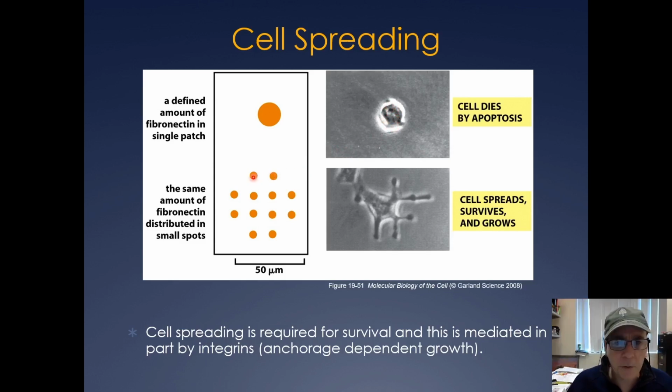So if you put little patches all over the place and then put a cell on it, the integrins can find that fibronectin and actually use it and stretch, and that's what's called anchorage dependent growth. And if you've ever grown tissue culture cells, you'll often see them roll up and ball up and float away, whereas the nice healthy cells are attached to the plate and growing and spreading outward.